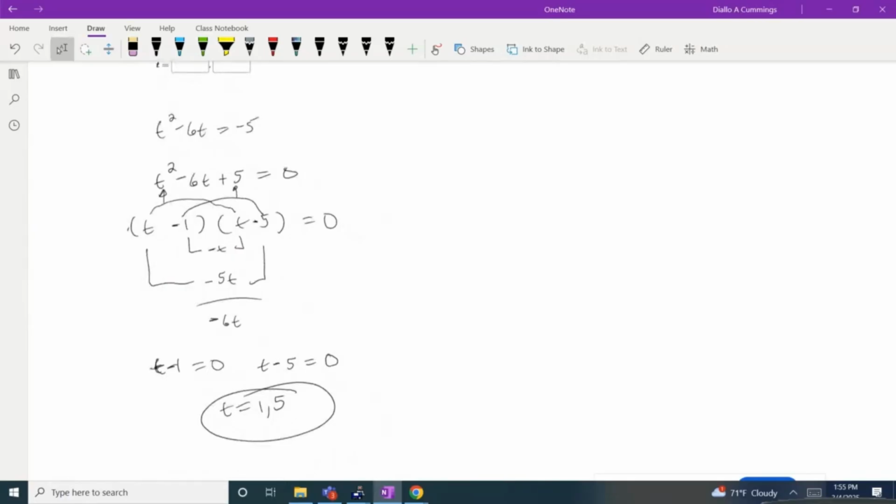Here is the quadratic formula method. So this is the factor method, and here is the quadratic formula.